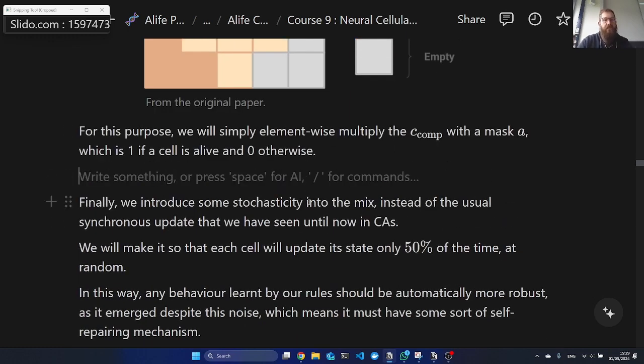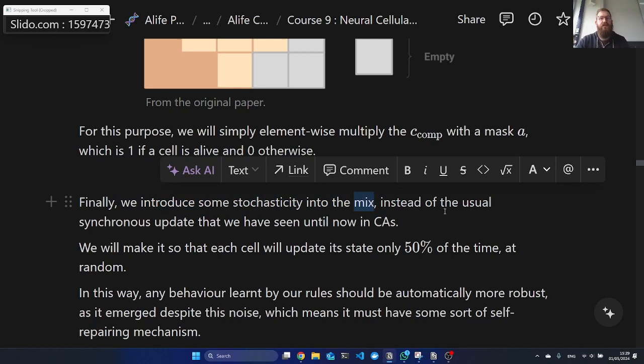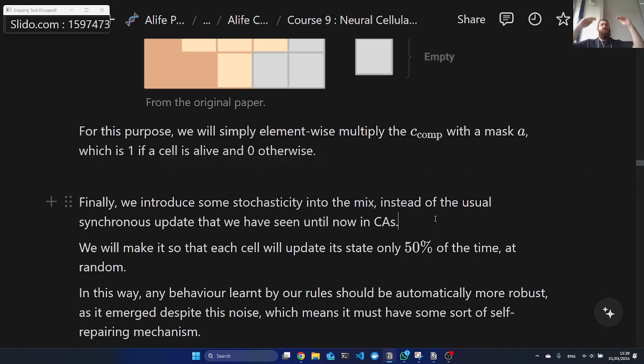Before going to how to update each pixel, we would like to introduce some stochasticity into the mix. Instead of updating each cell synchronously, as we usually do in cellular automata, we'll make it so each cell has a 50% chance to update each time step.